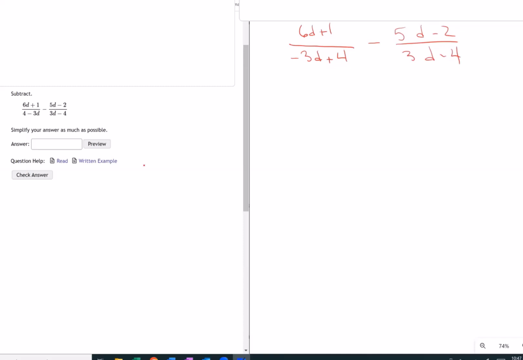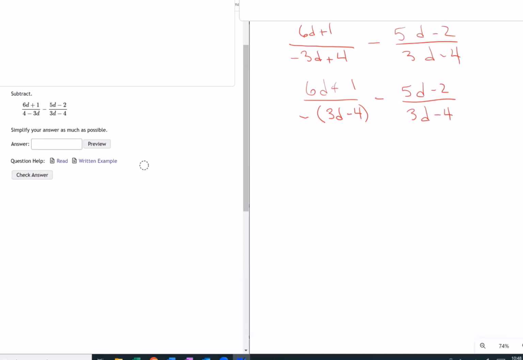Well, I want my leading term to be positive. This is equal to 5d plus 1, and I'm going to factor out a negative, and that gives me 3d minus 4. Minus 5d minus 2 over 3d minus 4.